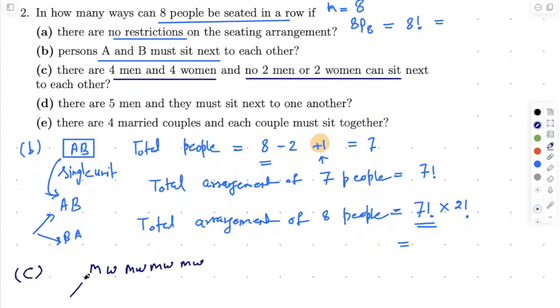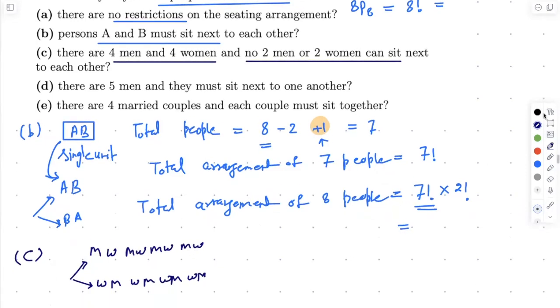This is one such possibility. Another such possibility is woman, man, woman, man, woman, man, woman, man. These are the only two possibilities. And there are four men, four women. You can check the calculation. No two men and no two women can sit next to each other. How many possibilities are there?